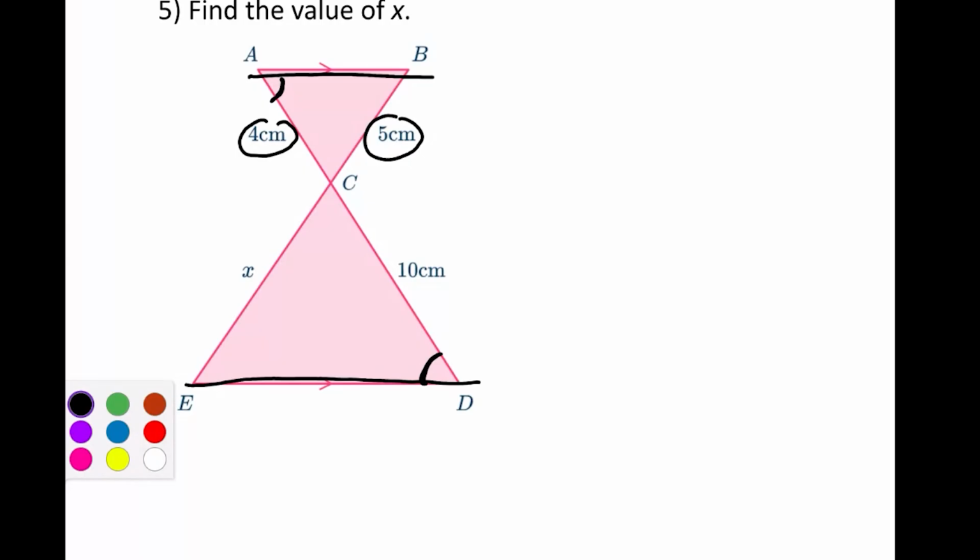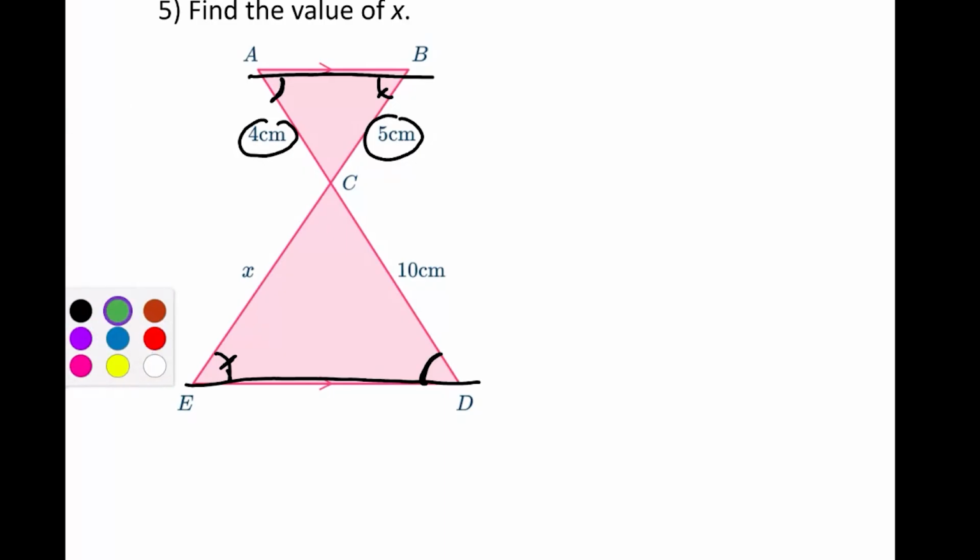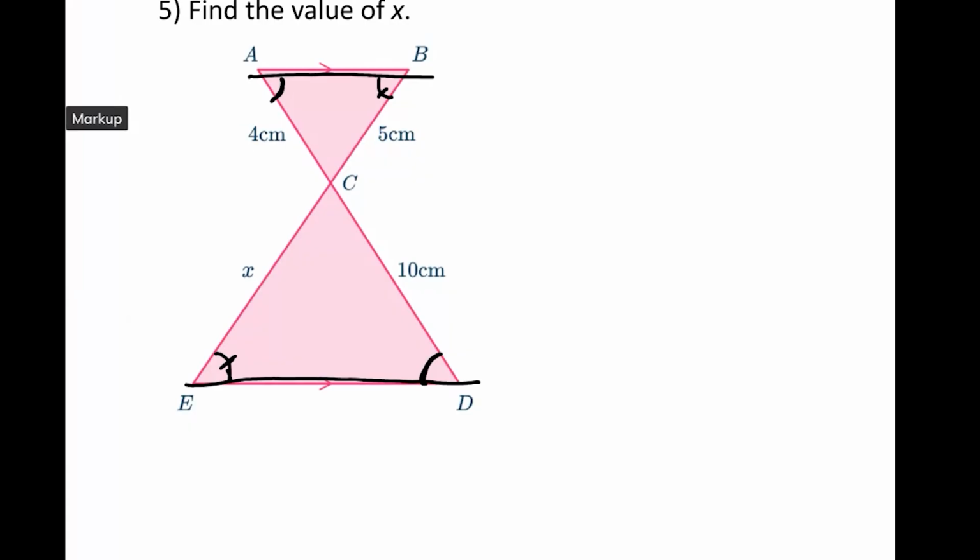Well, you're not going to get tested on all that vocabulary, but also angle E here should be the same as angle B. So you can kind of see with those properties why the corresponding sides got reversed on each of the triangles. So at any rate, the 4 centimeters, this side length is going to correspond, and I'll do a little color coordination here, to the 10, and the 5 is going to correspond to the x.